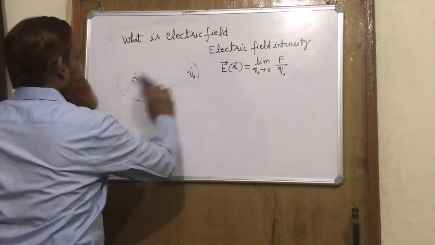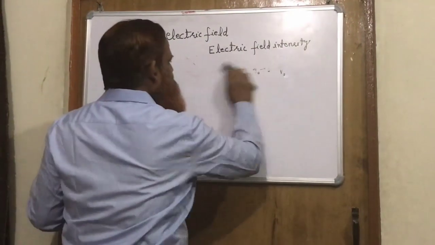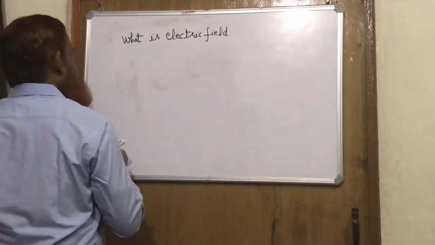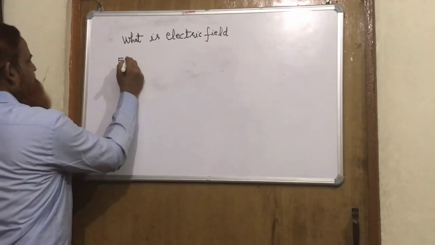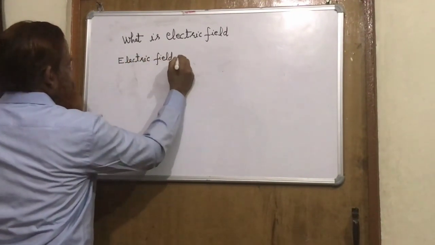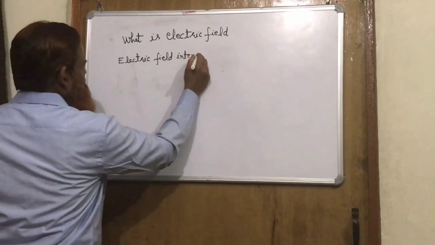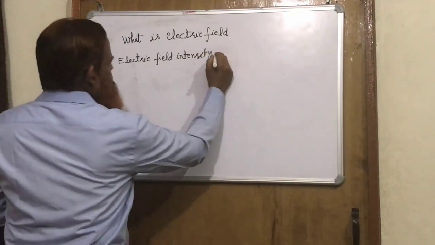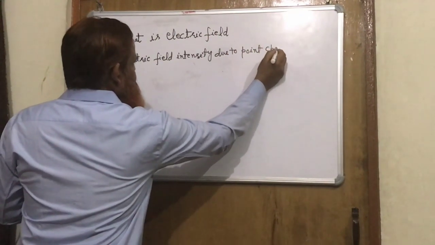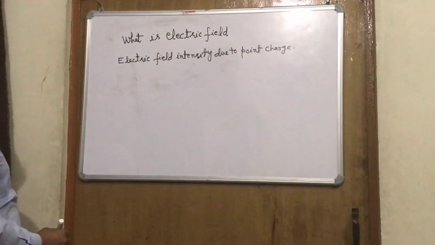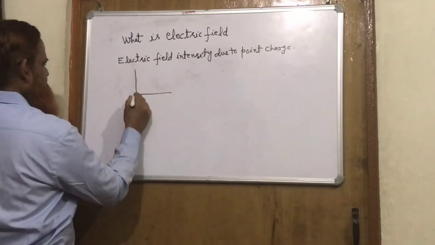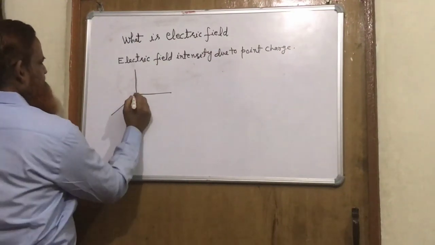Now we will find an expression for electric field intensity due to a point charge. Let's consider a coordinate system.